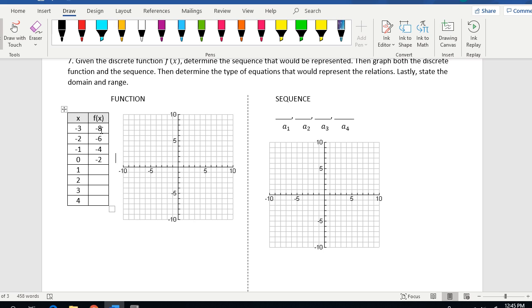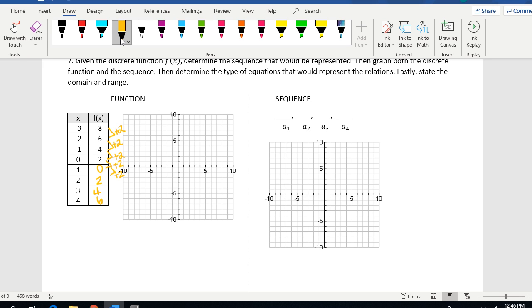I have -3, -8, -2, -6, -1, -4, 0, -2. I'm going to figure out what that is, also the common difference or what my slope is. So to get from -8 to -6, I'm adding 2, adding 2, adding 2. So plus 2 is 0, plus 2 is 2, 4, 6.